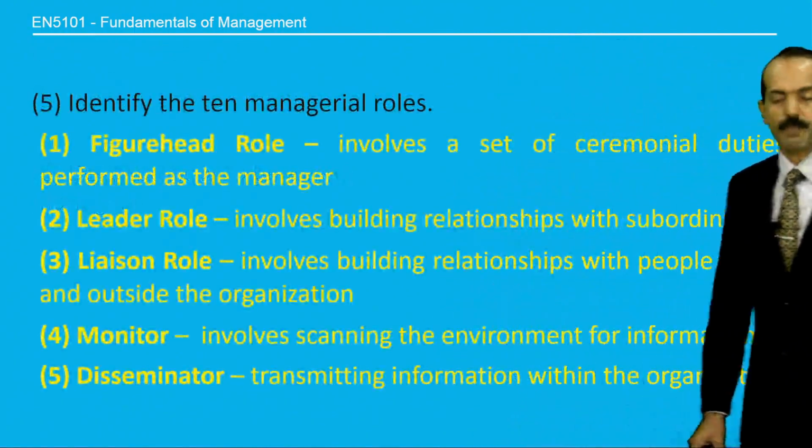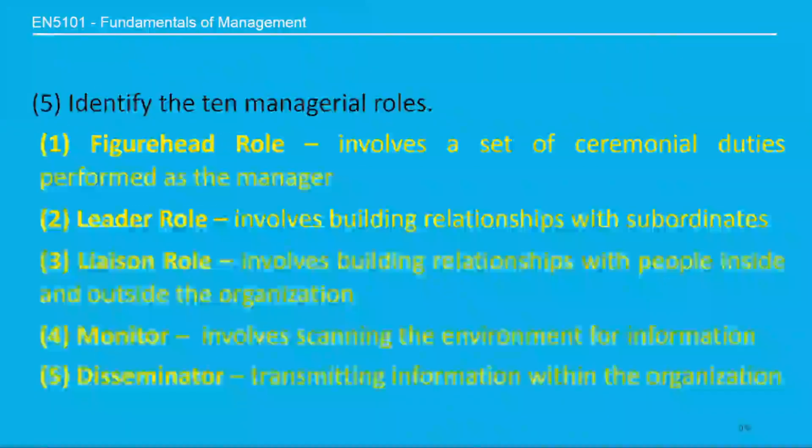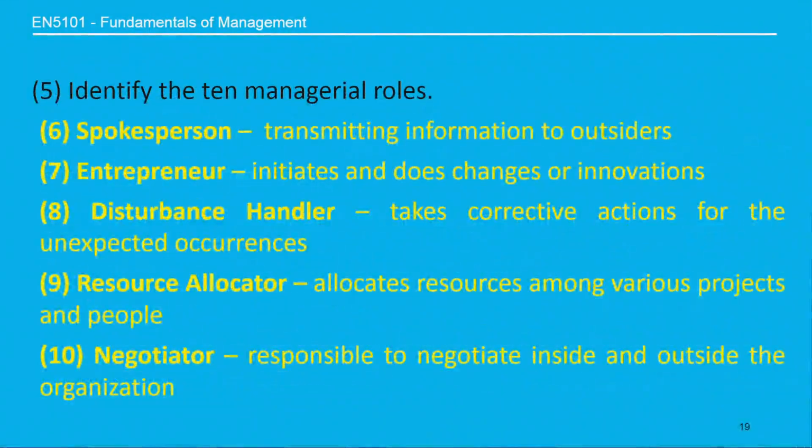These are the 10 managerial roles as suggested by Henry Mintzberg: figurehead role, leader role, liaison, monitor, disseminator, spokesperson, entrepreneur, disturbance handler, resource allocator, and negotiator. We should be able to briefly explain each of these. Right.